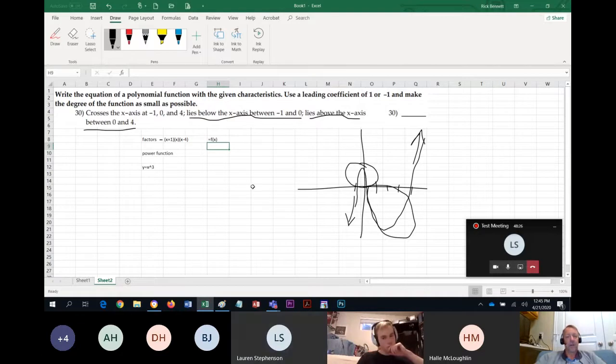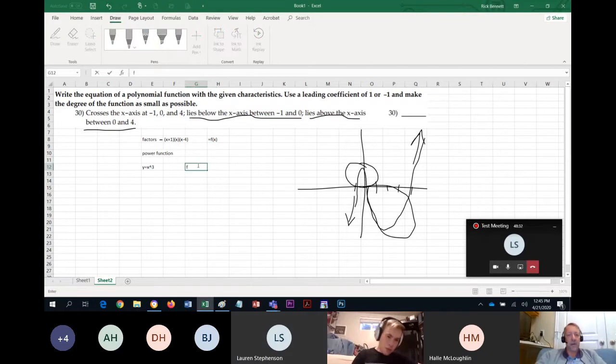So we could say that the function f of x equals -x times x plus 1 times x minus 4.